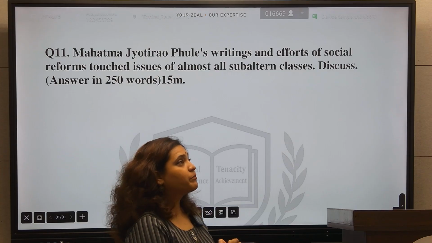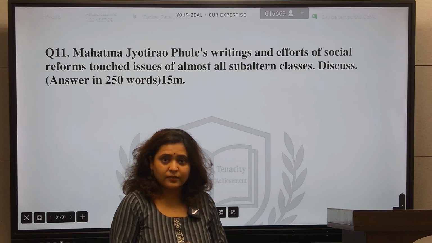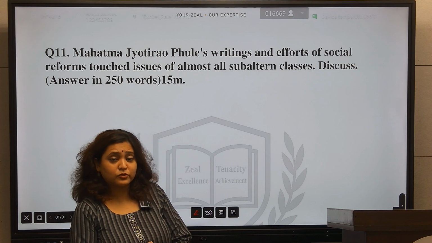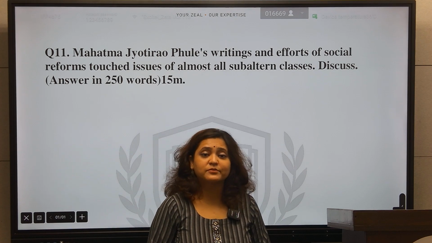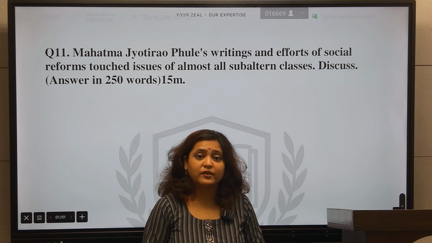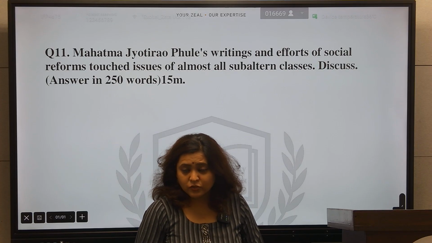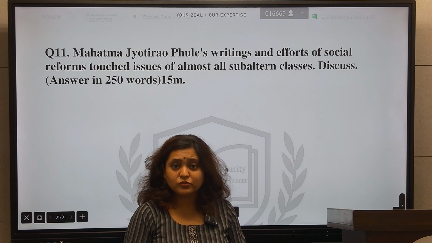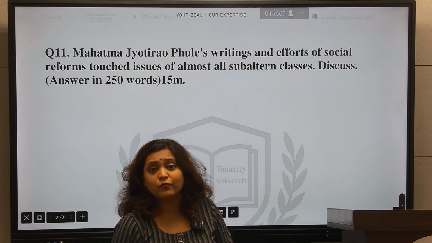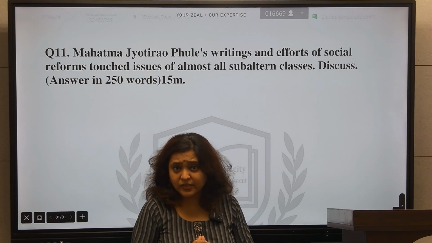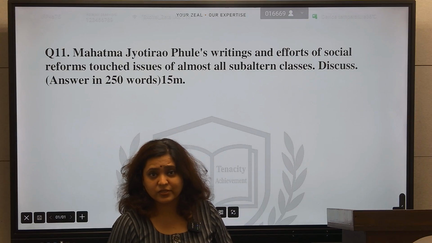He made the people living at the bottom of society seen. So he's very much relevant because he brought social changes into society. The first British school for girls was opened in 1849, after Mahatma Jyotirao Phule. So you can imagine the impact that he had on society at that time.